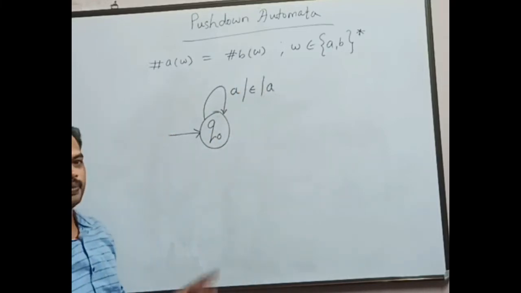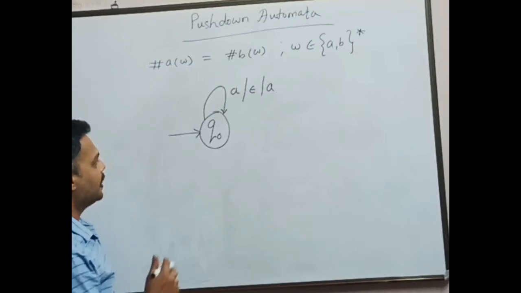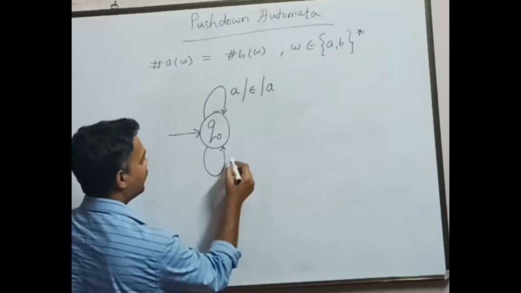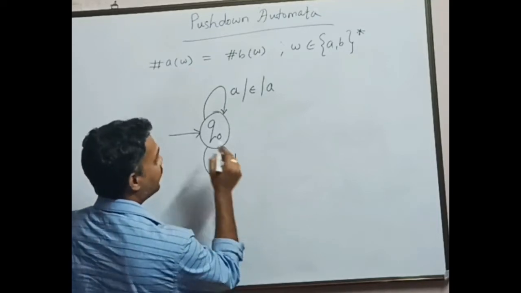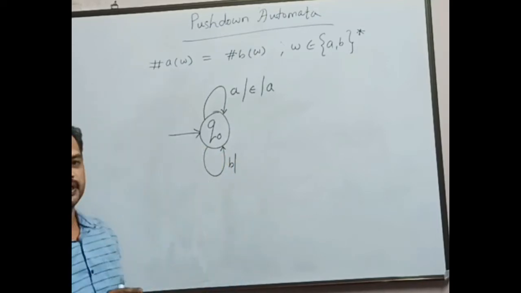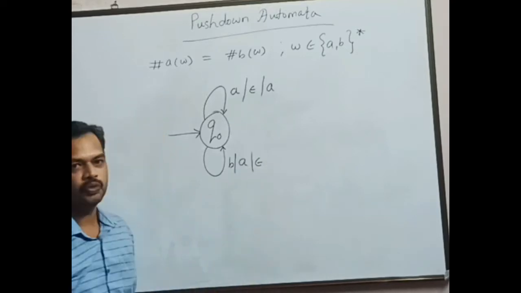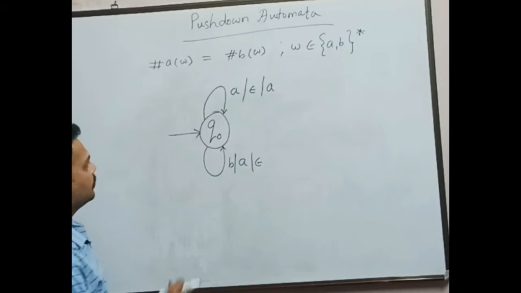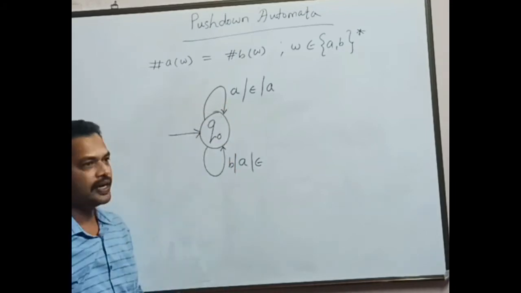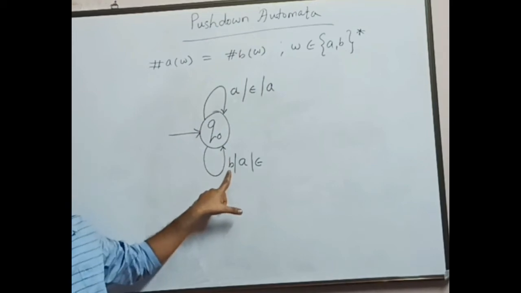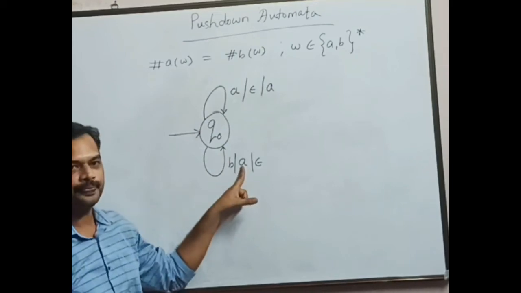And we all know that a PDA makes use of a stack. If the PDA comes across character B, and there is character A already present in the stack, let it pop that A and move further. This is one situation wherein A is pushed first, then whenever B is encountered, A is popped.